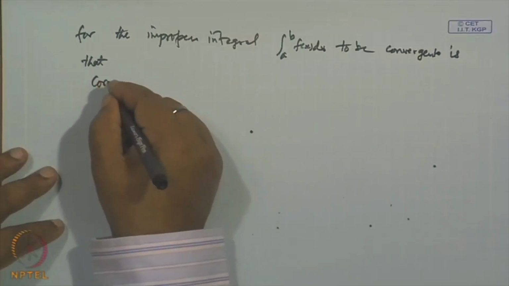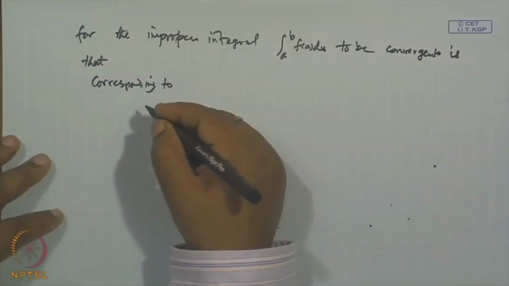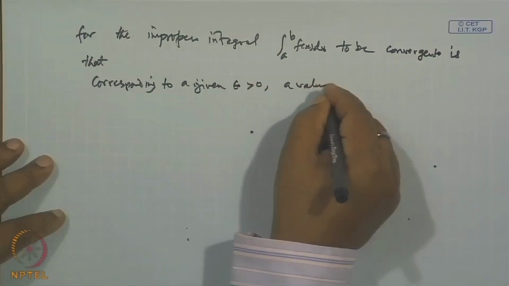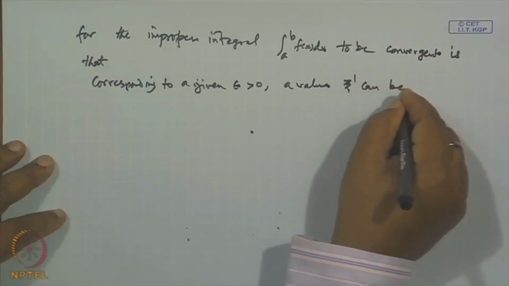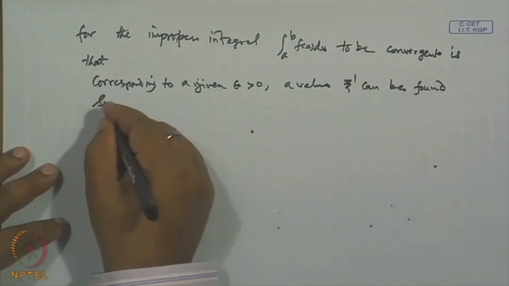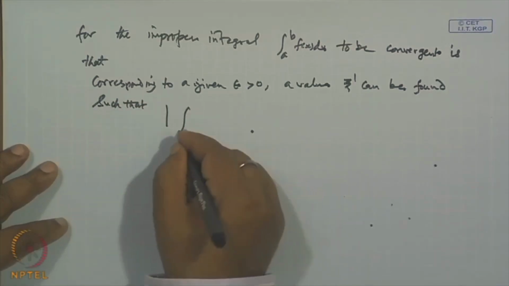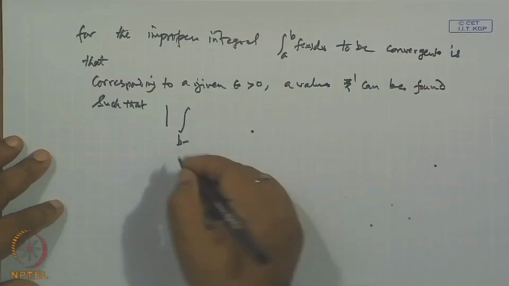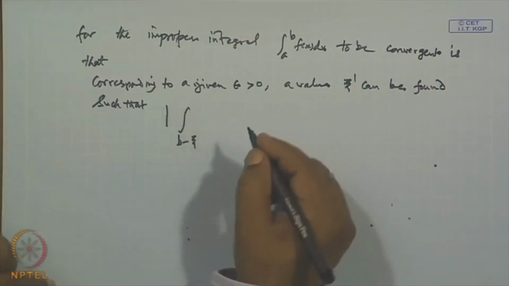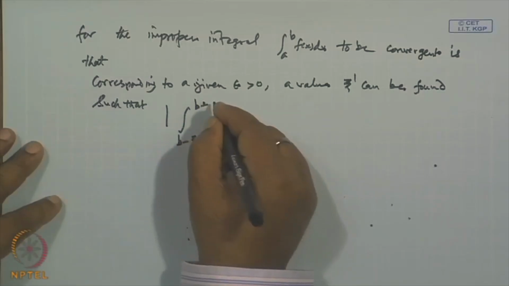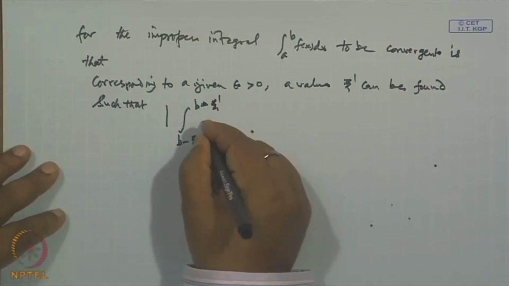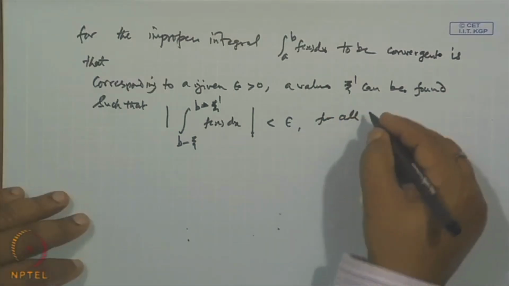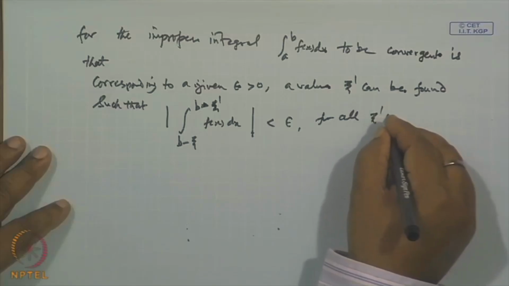that corresponding to a given epsilon greater than 0, of course, a value epsilon dash can be found such that the modulus of the integral from a to b minus epsilon dash of f(x) dx is less than epsilon, for all epsilon dash less than epsilon.